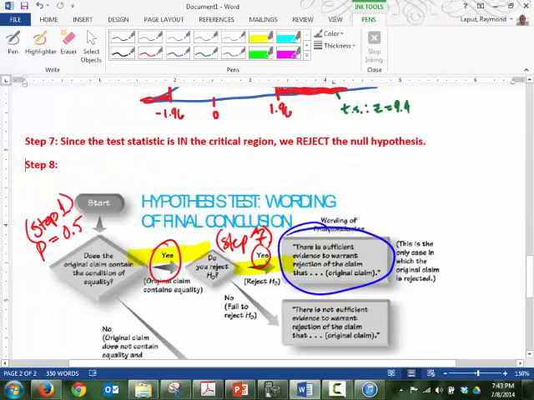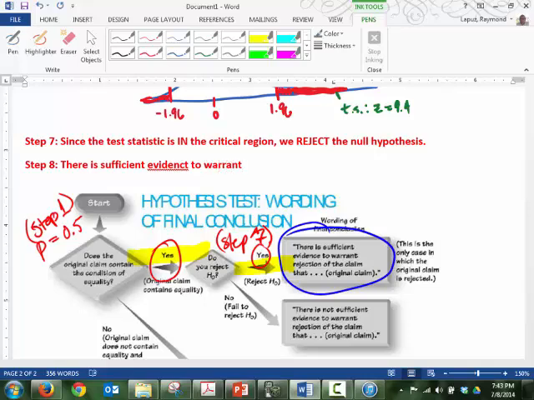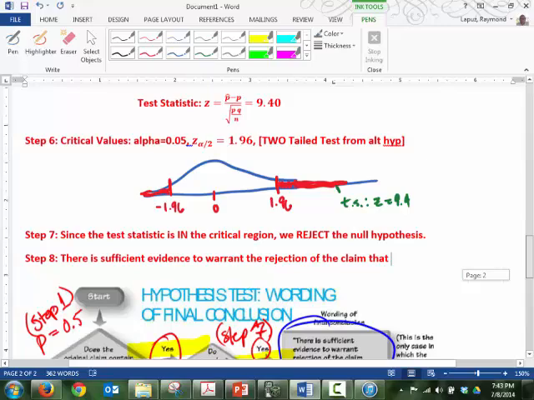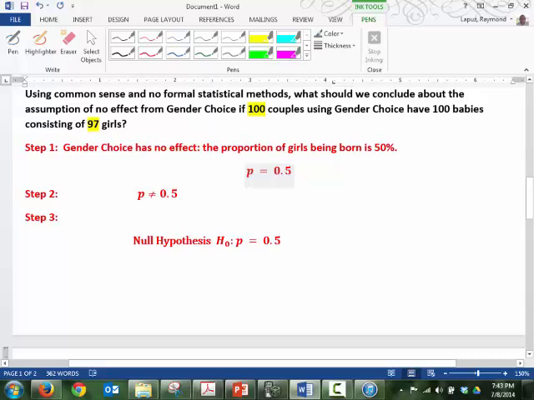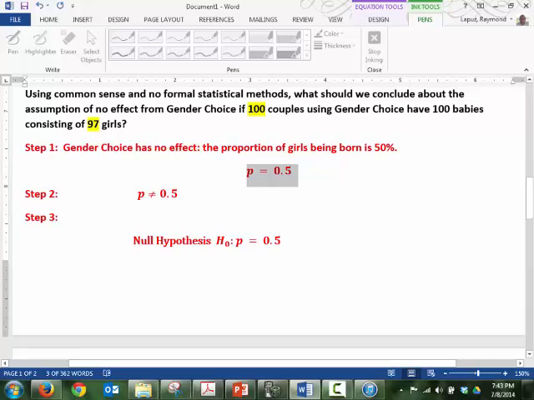According to the statement, we should say something like, there is sufficient evidence to warrant the rejection of the claim that, what was the claim again? So I'd like to put p is equal to 0.5, but that's technical. It's not non-technical.